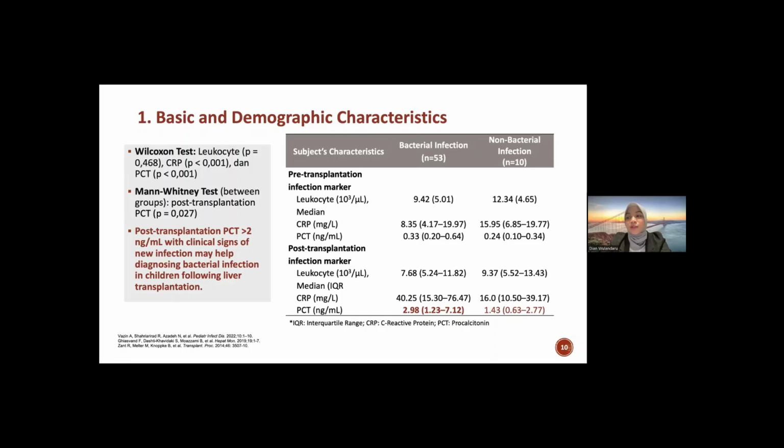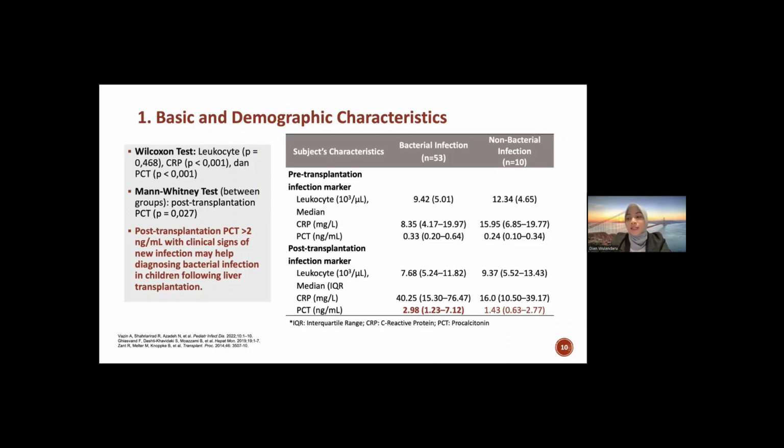On Wilcoxon test, we found that C-reactive protein, or CRP, and procalcitonin, or PCT, had a difference between pre and post LT. Post-LT PCT is the only infection marker that differed between both groups in the study. The median post-LT PCT in the bacterial infection group is 2.98 with IQR of 1.23 and 7.12.